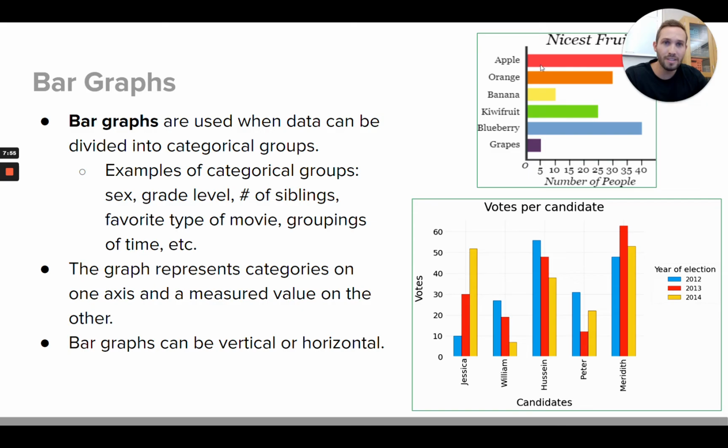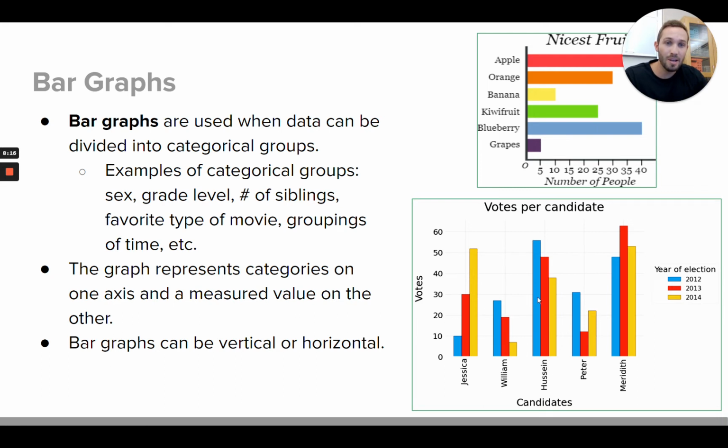In a bar graph, since we're looking at specific categories, you're supposed to make the bars not touch, okay? Because these have nothing to do with one another. These are different categories that we're looking at. Even down here, we're looking at different people and how many people voted for these different people, but between the bars, there's no touching.